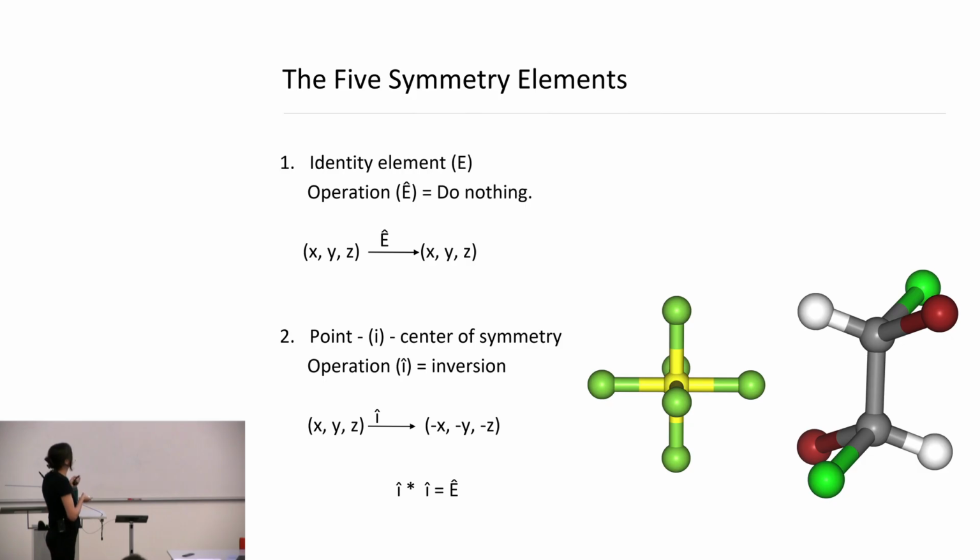And the next we have is point elements. This is specifically inversion, or i, where you take a point x, y, z, and send every point to minus itself, to minus x, minus y, minus z. And I'm showing here just 2 examples of molecules that clearly have inversion symmetry. For most of you, the octahedron is the clearest example.